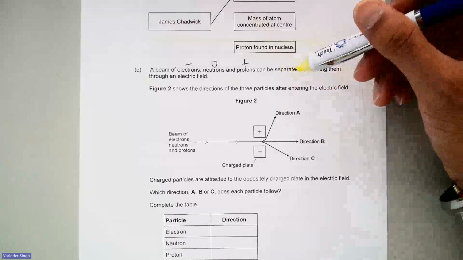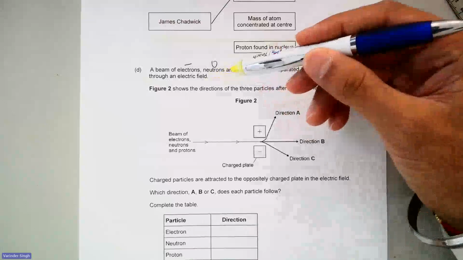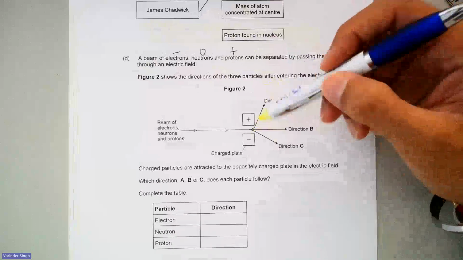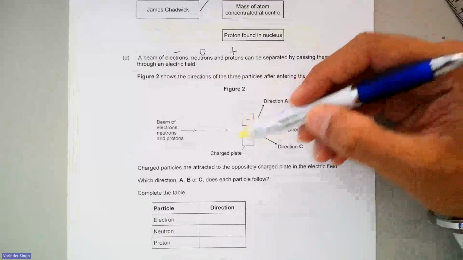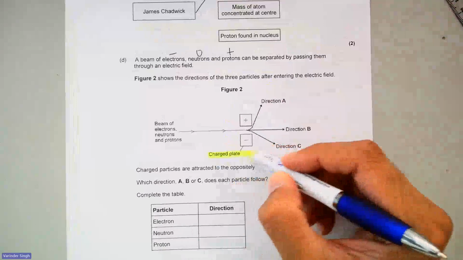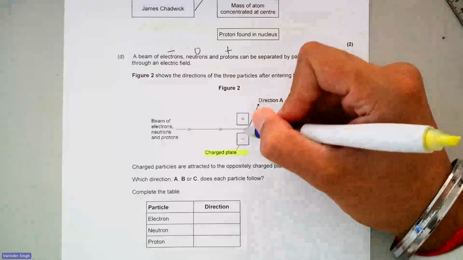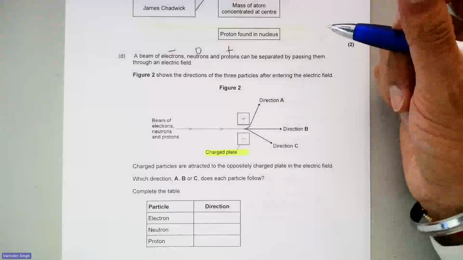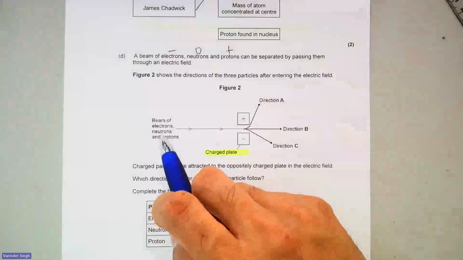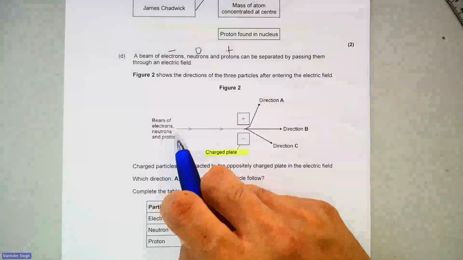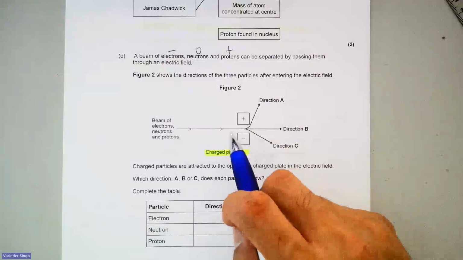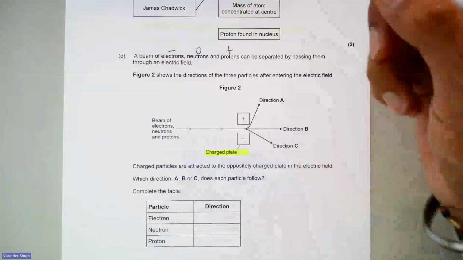And it says here that they can be separated by passing them through an electric field. So the electric field in this example is set up by placing 2 charged plates, positive and negative charged plates. There is an electric field between these 2 plates. Now, the beam of electrons, neutrons, and protons is being fired through the field, through the gap between the charged plates.